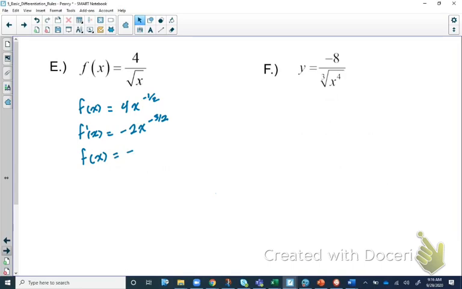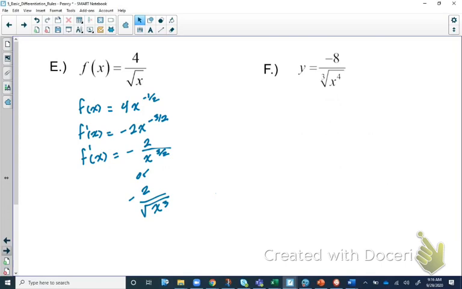And overall, my expression will be negative, and I'll have 2 over x to the 3 over 2 power, or you can write it as negative 2 over the square root of x cubed. Either of those would be acceptable.